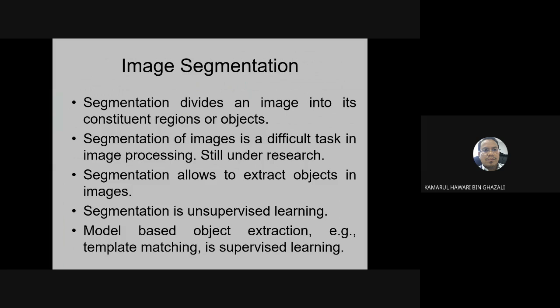So this is an explanation of what I explained to you just now. Segmentation of images is a difficult task in image processing, still under research. It allows extraction of objects in images.